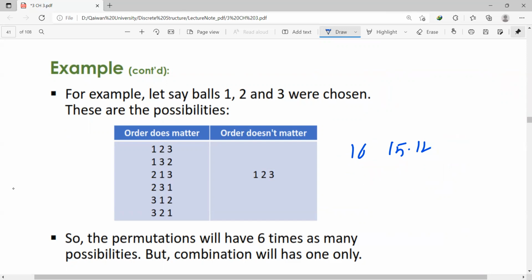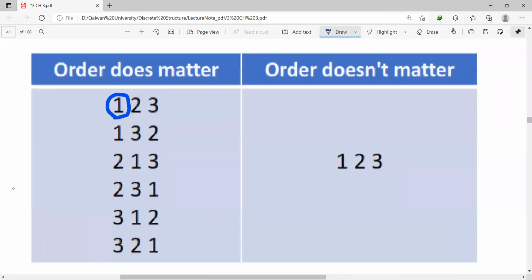For example, here, if we choose 3, let's say we choose balls 1, 2, and 3. For permutations, if we care about ordering, we may pick the first ball to be 1, the second ball to be 2, and the third ball to be 3, and someone else may choose the first to be ball 1, the second to be ball 3.